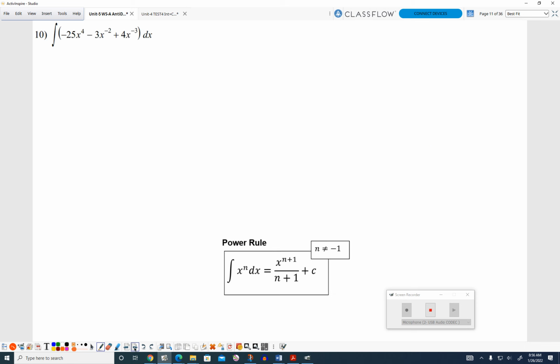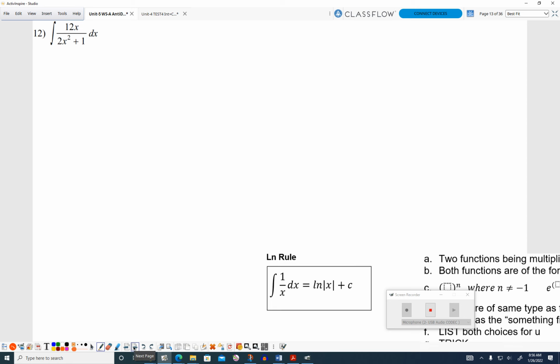Number 10, hey, 3 simple functions being added. Number 11 is, let's see, hey, that's just negative 12 times 1 over x to the 4th. And we change the x to the 4th to x to the negative 4. We have back to using the power rule. Go to number 12, though, we run into a mess again. Just a lot more involved.